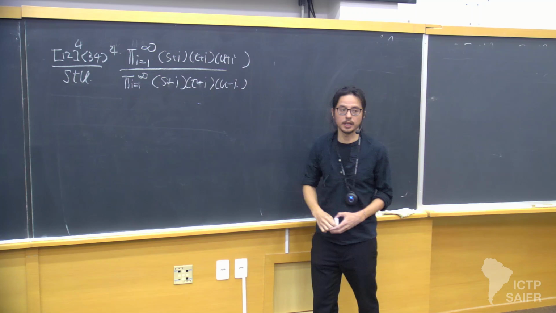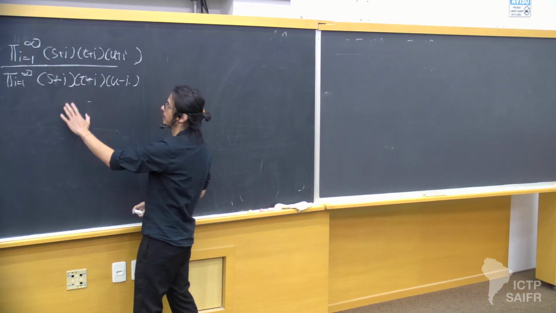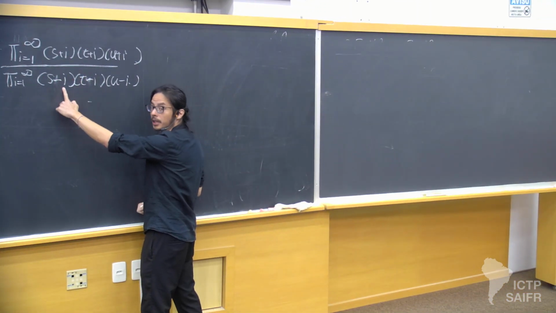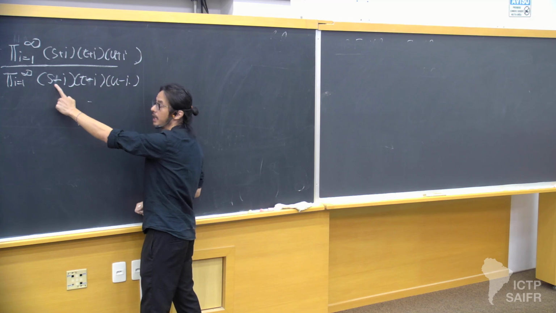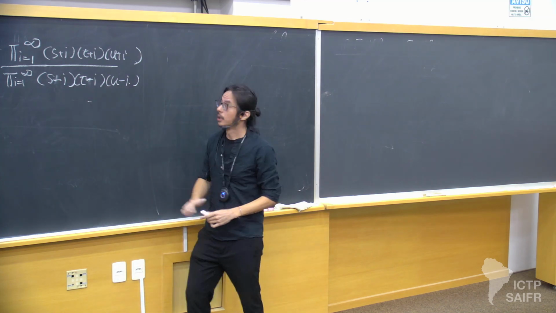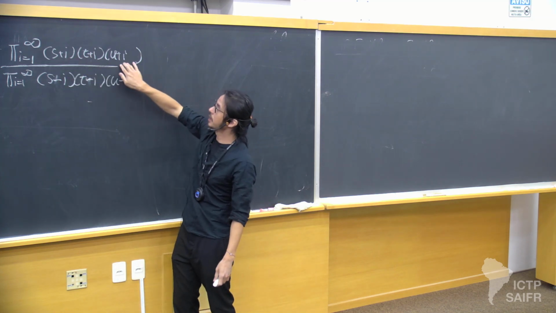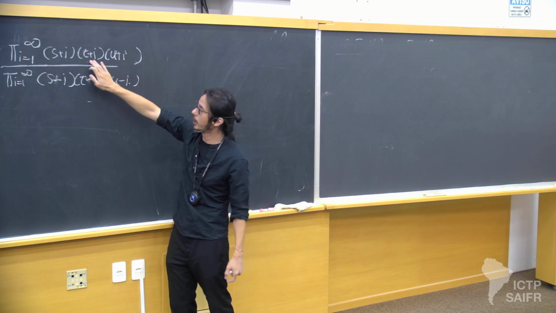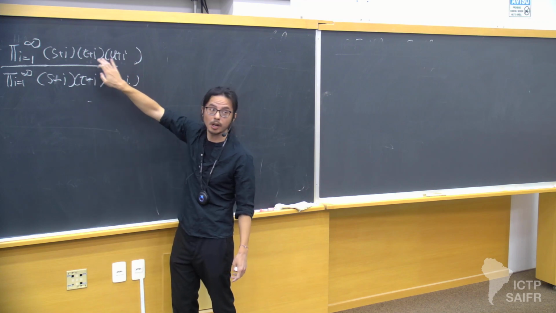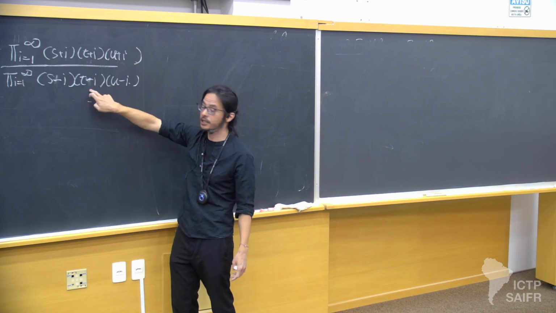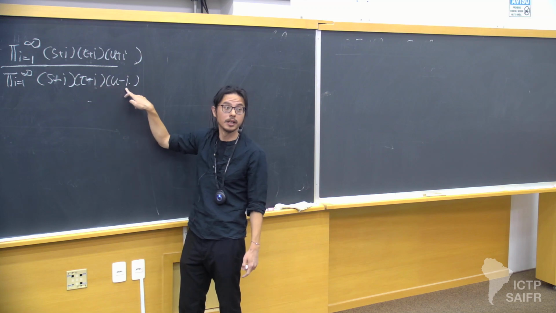So what am I doing here? I'm making it manifest that whenever s is sitting at a particular pole, let's say s is sitting at 4, you plug 4 into here, and you have a sufficient number of zeros. There are always some zeros here that can cancel the pole down here.